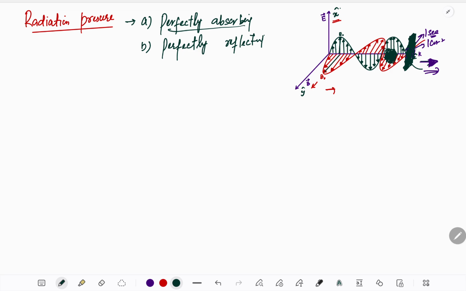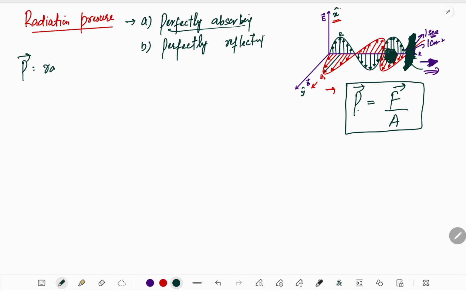When the electromagnetic wave strikes this perfectly absorbing surface, because it carries momentum density with it, the electromagnetic wave transfers momentum to the surface, and because of that momentum transference, the surface feels force. That force per unit area gives the radiation pressure.